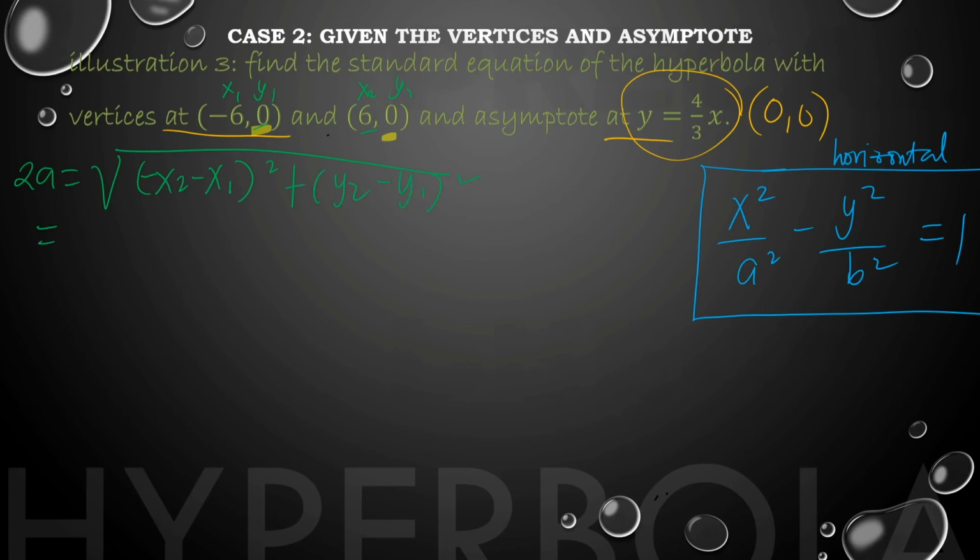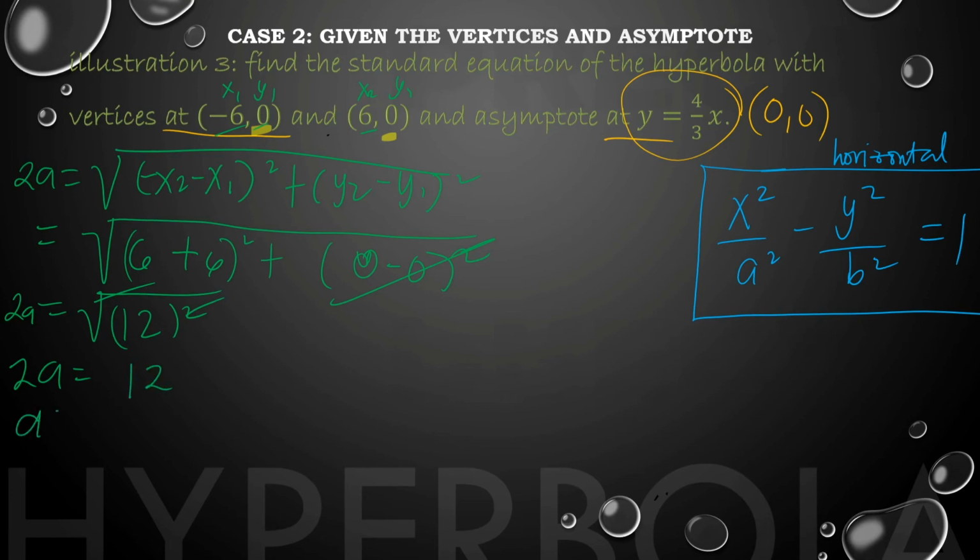So, magiging x sub 2 natin is 6 minus negative 6, so magiging positive 12 squared plus y sub 2 and y sub 1 natin ay parehong 0. Cancel out na yan. So, yung 2a natin, or yung transverse axis natin is square root of 12 squared. So, cancel out yun. So, 2a is equal to 12. And then, yung a natin is 12 divided by 2 is 6.